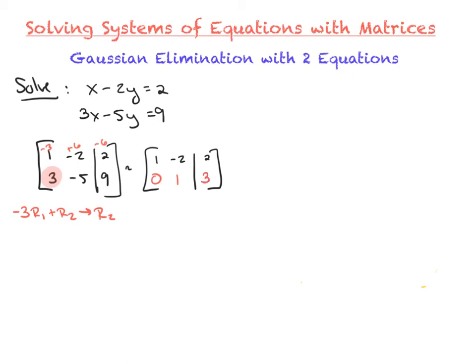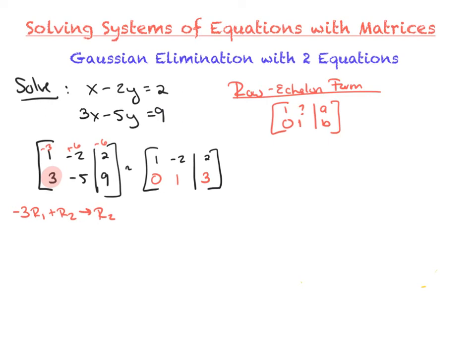Terrific. So now this isn't in reduced row echelon form. This is in a form we call row echelon form. So row echelon form has 1s on the diagonals, 0s underneath those 1s, anything you like above the 1s, and then numbers after the equal signs.